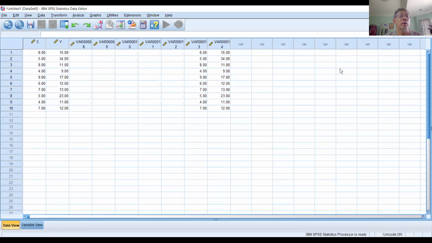Wait, how come when I copy it becomes 1, 2, 3, 4, 5, 6, 7, 10? Two went missing. How did two go missing? What is the last data? Actual data 7, 12. Oh, we have another 2 cases here: 6, 14, and then 7, 16. So we just continue there.